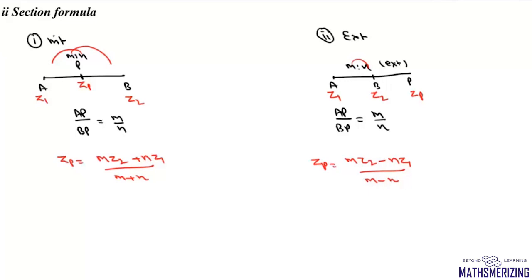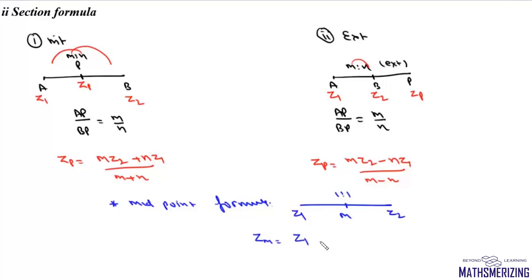Now, as in the case of coordinate geometry and vectors, we can also define the midpoint formula. So suppose we have two points, Z1 and Z2, and there is a point, say M, which divides it in the ratio 1:1, then Zm will be given by (Z1 + Z2) upon 2. So this is our section formula.